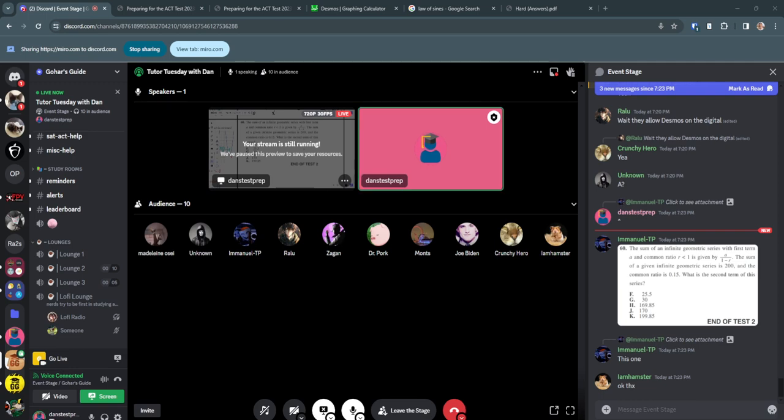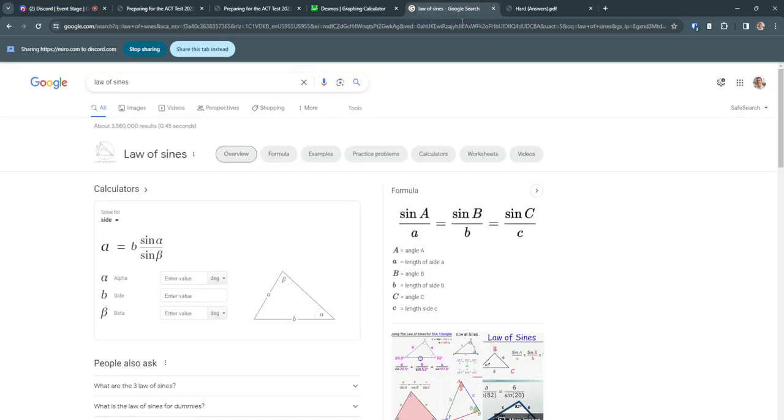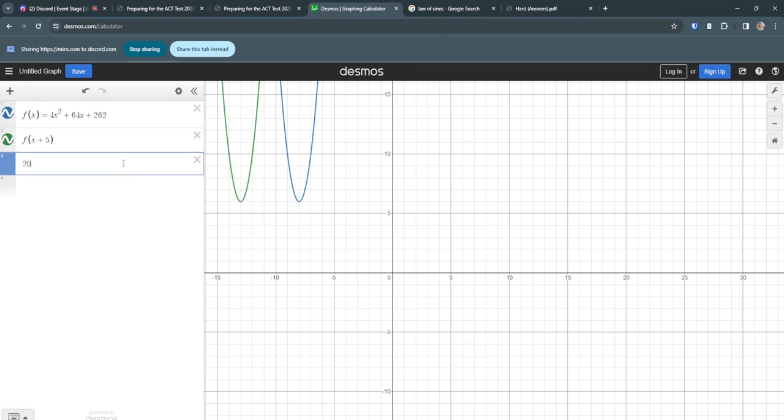So when we solve this, we get a is equal to 200 times 0.85. So a would be 160. The first term is 160. 170, right. That's 200 times 0.85.